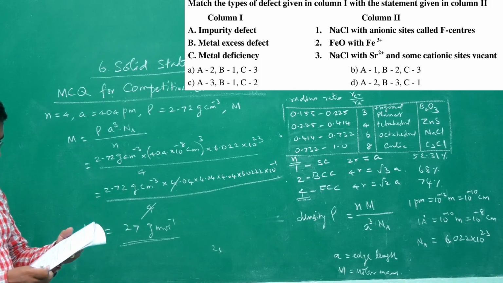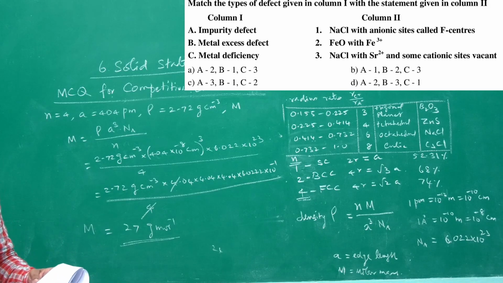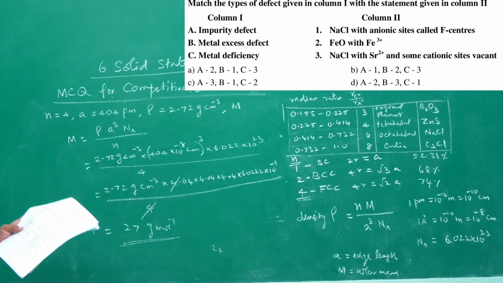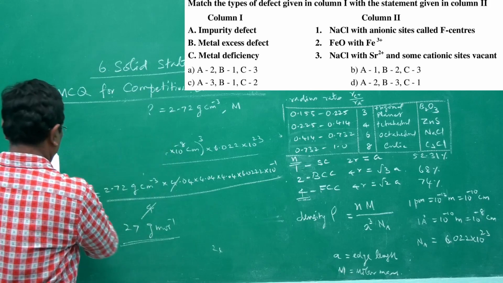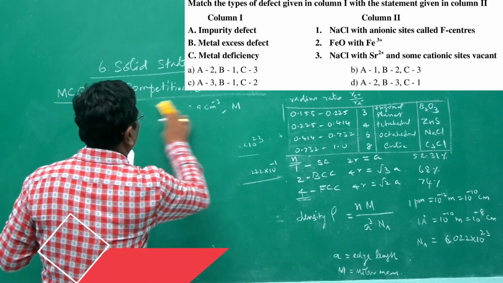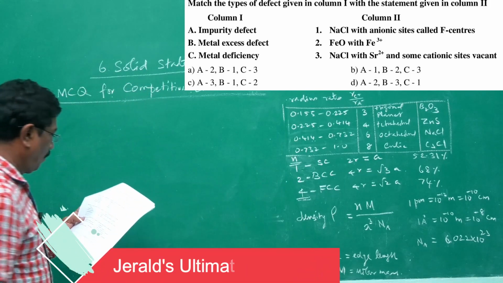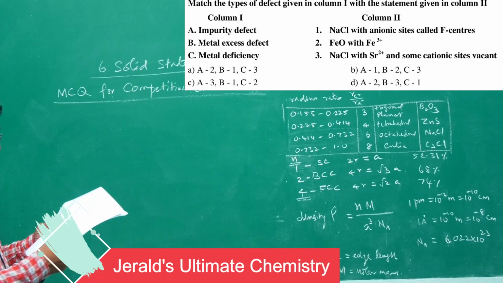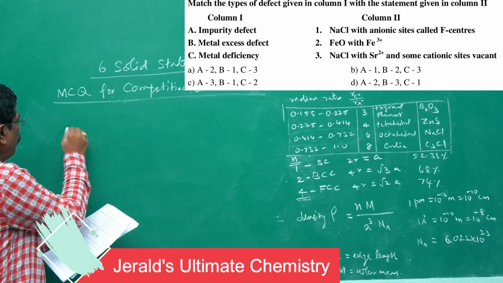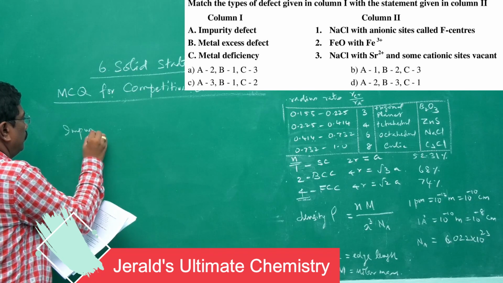The next question may be, match the type of defect given in column 1 with the statement given in column 2. Impurity defect.